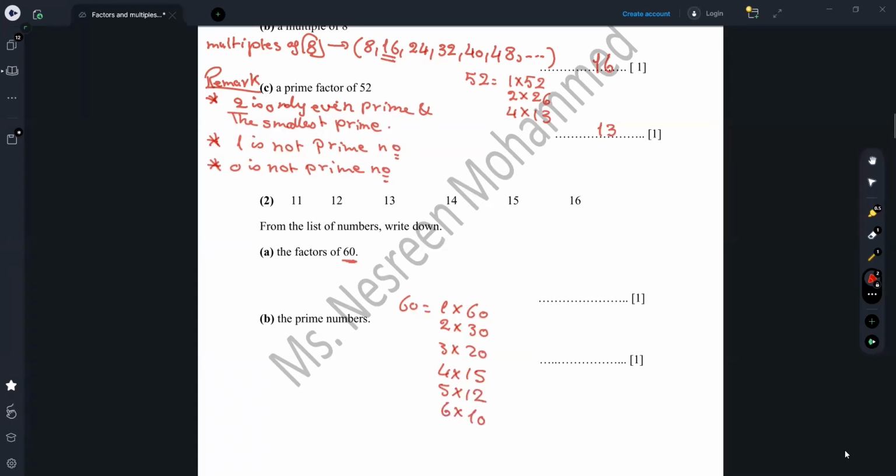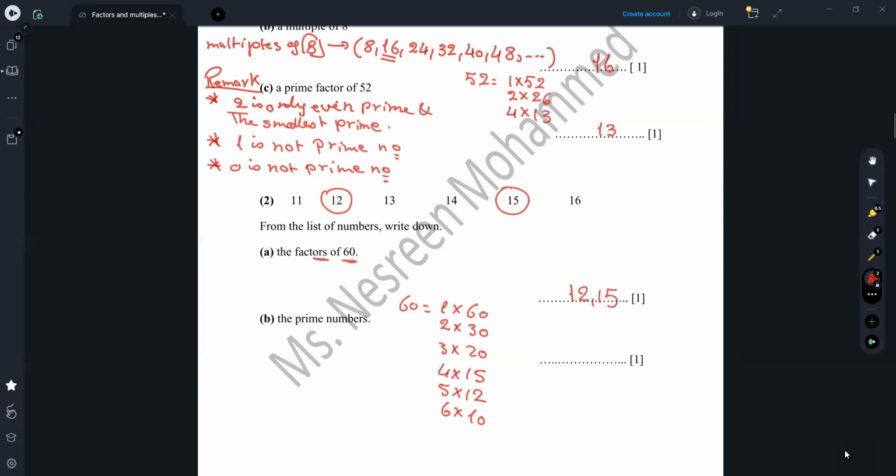These are the factors of 60. Here, write down the factors. It means that we have more than one factor. Which of these numbers is included in the list here? We have 12, we have 15. So I will write here 12 and 15.